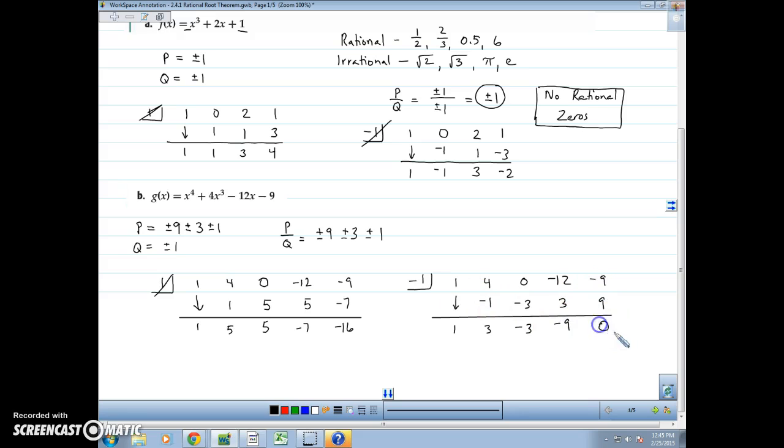There we go. And so we get 0 for our final term, which means that negative 1 is a factor. That is a rational 0.